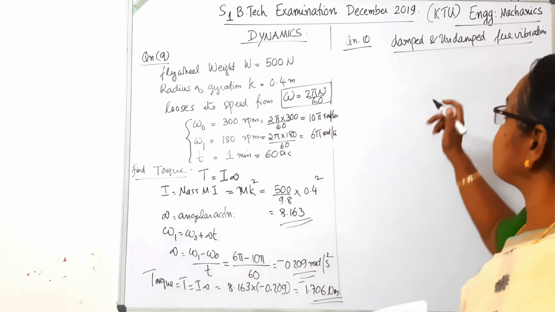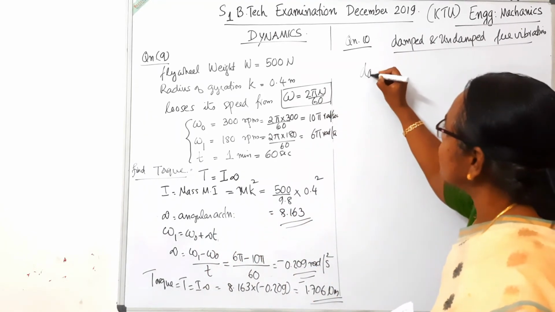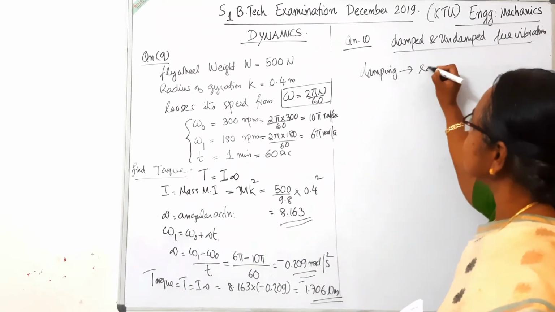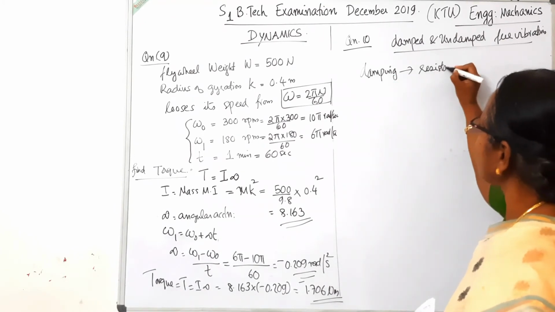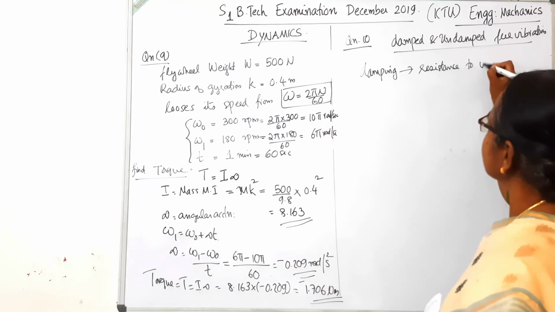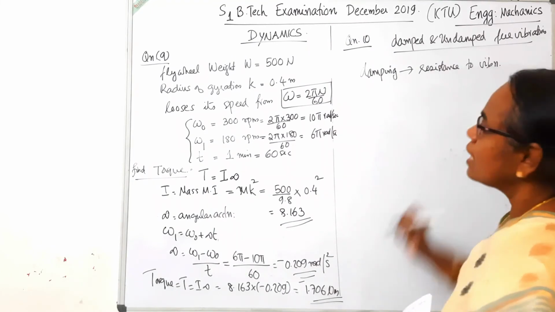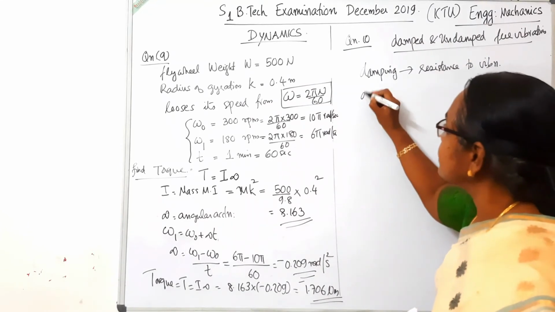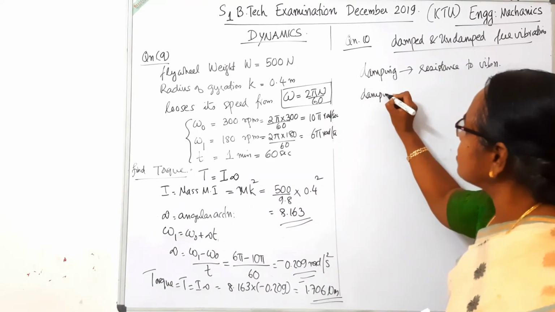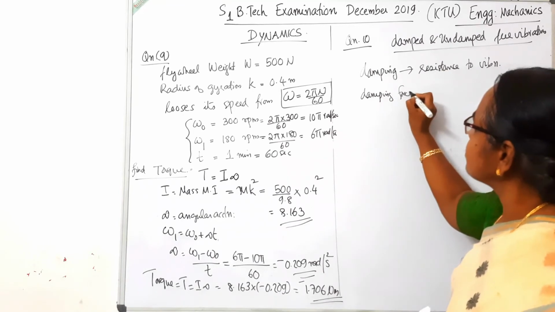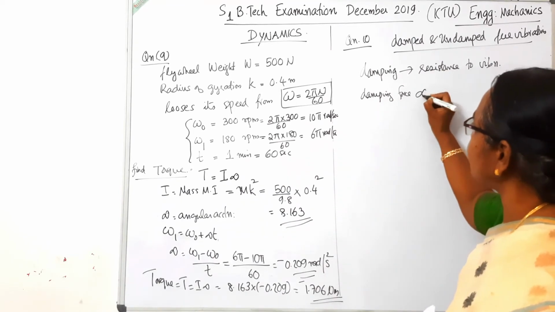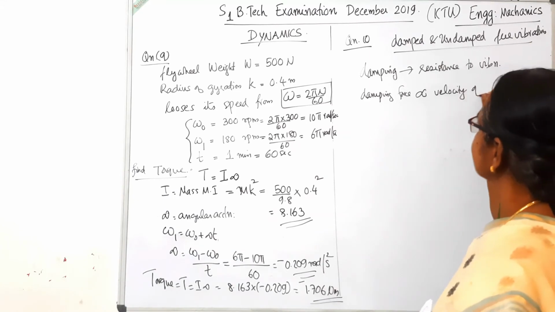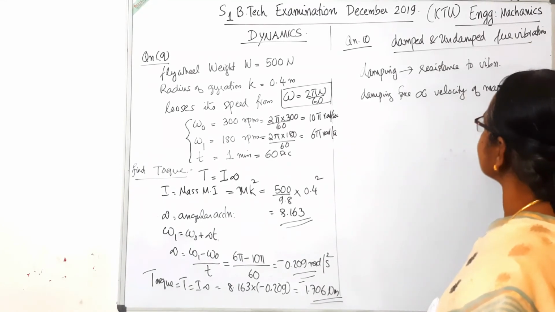So damping in vibration is nothing but resistance to vibration. And usually the damping force, or this resisting force, is proportional to the velocity of the body, the velocity of the mass.